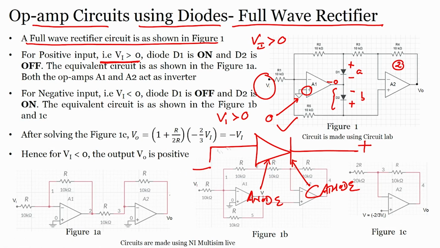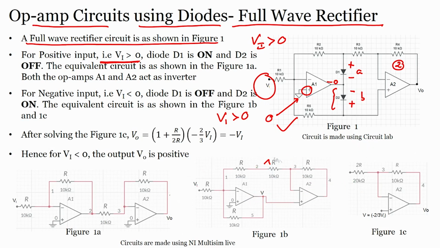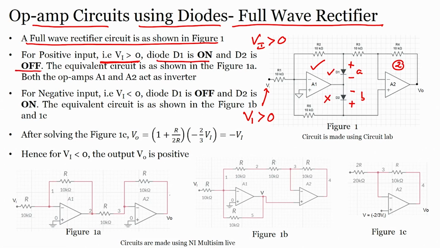So, using this principle of the diode, what we find is that if my Vi is greater than 0, we are concentrating only on this particular operational amplifier, then my diode D1 will conduct, D2 will not conduct, that means D1 is on and D2 is off.